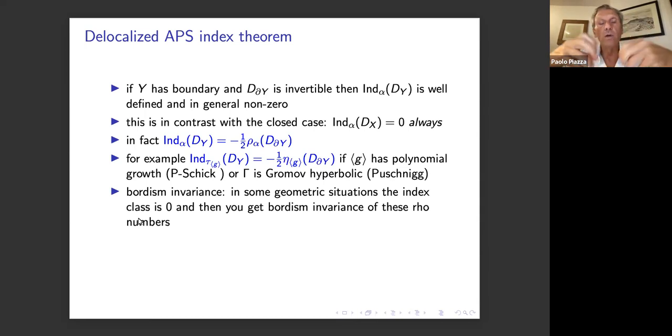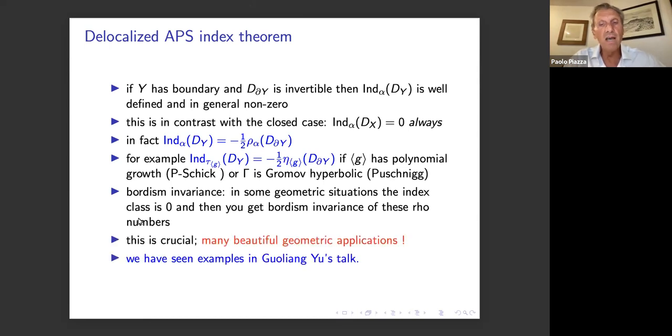When you perform surgery, and this happens, for example, in differential topology or in positive scalar curvature metric theory, then you get a bordism, and if you have a bordism invariant, this is extremely important. Really, we have had many geometric applications of this principle that I cannot talk about here. It's just motivation, some of which you have seen this morning in Guoliang's talk.